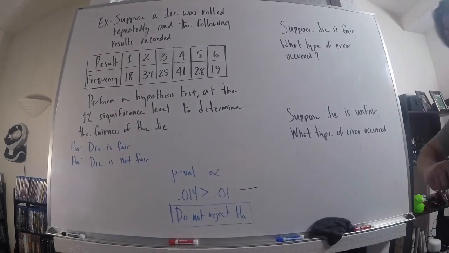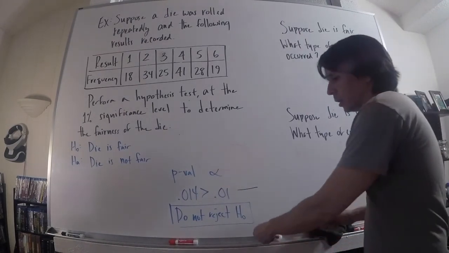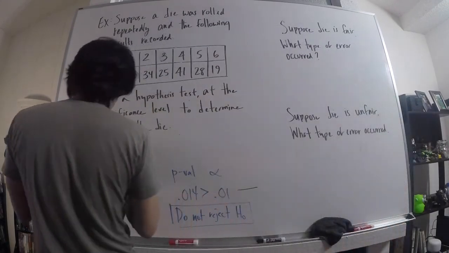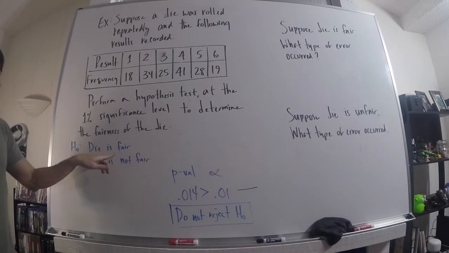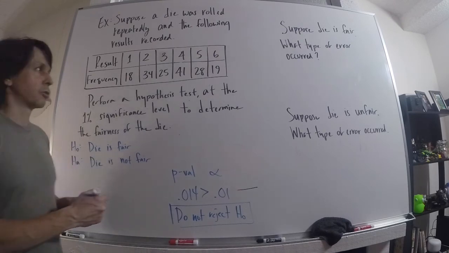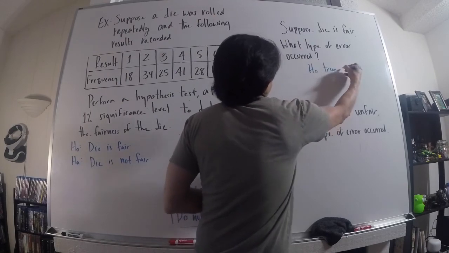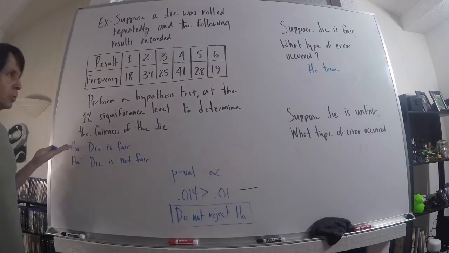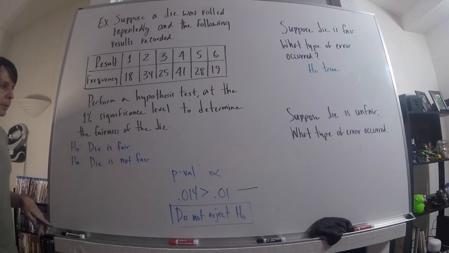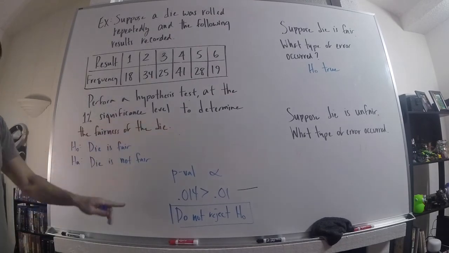This one's a lot simpler mostly because our null and alternative are very nice, concise statements. Die is fair, the top one. Suppose the die is fair. Suppose H0 is true. So that's saying if H0 is true, what type of error do we make? Suppose the die is unfair.